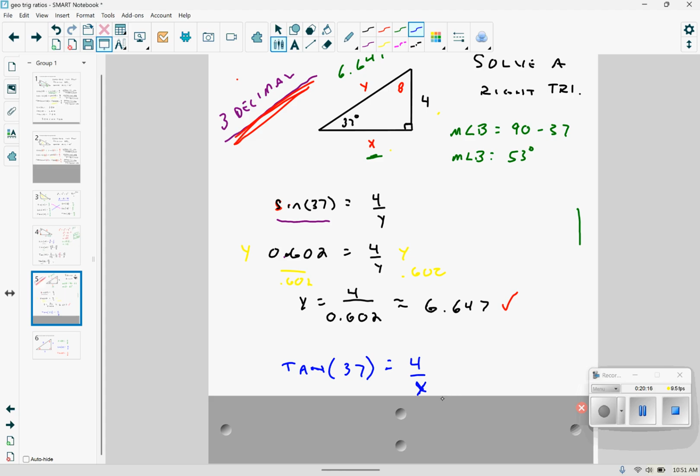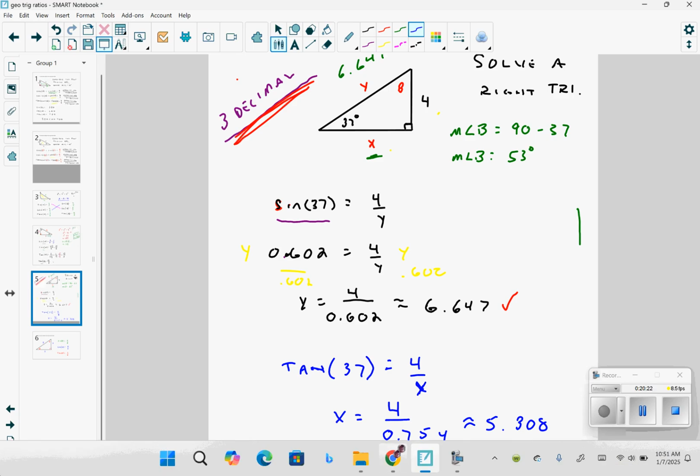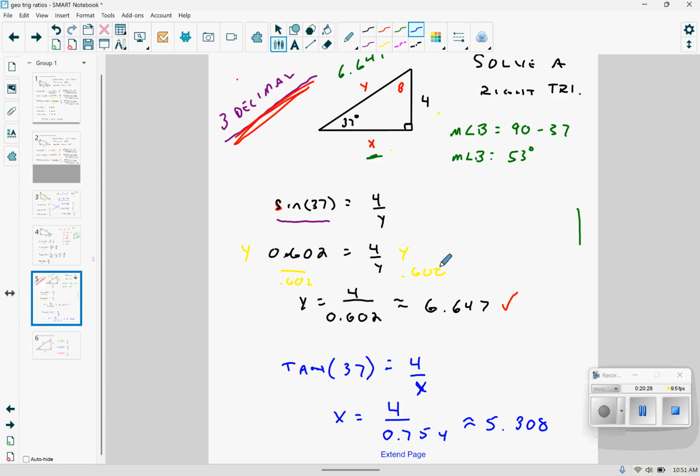The tangent of 37 is 0.754. If I take 4 divided by 0.754, that's going to be 5.308, and that's what x is equal to.